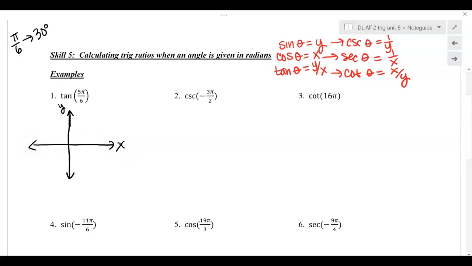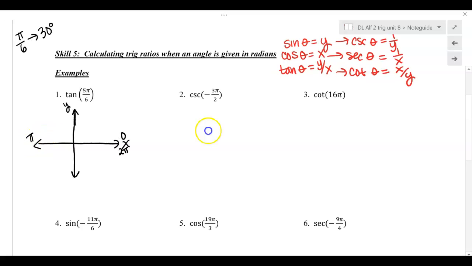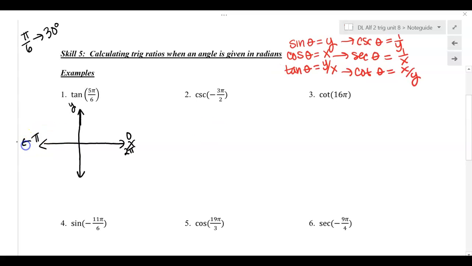Then when I see 5 pi over 6, I try to associate it with something I know. I could either start counting by chunks of 30, because 1 pi over 6 is equal to 30, and I could count 5 of those chunks. Or if I think of this as 0, this is pi, and getting all the way back is 2 pi, in terms of 6, pi is like the same thing as having 6 pi over 6.